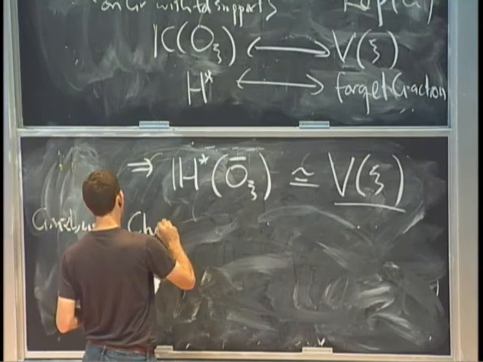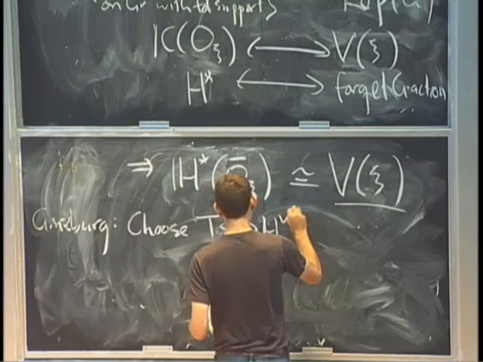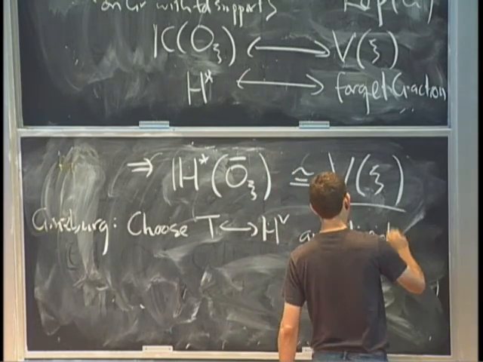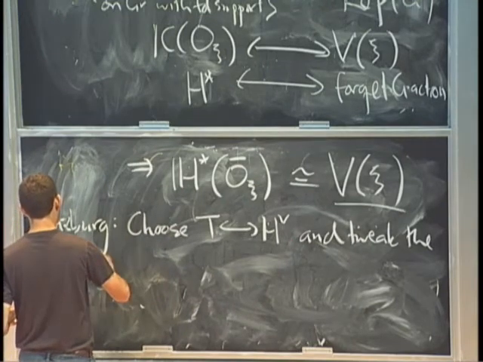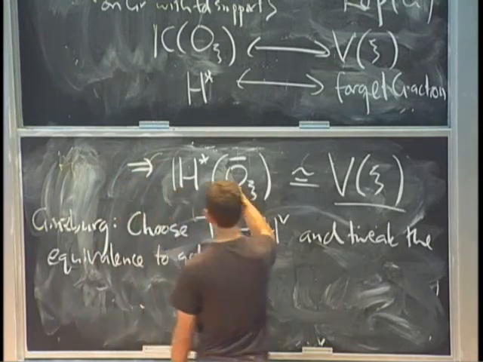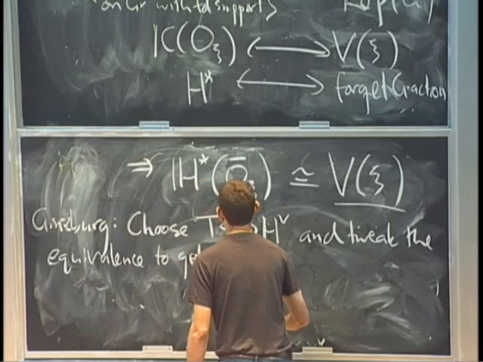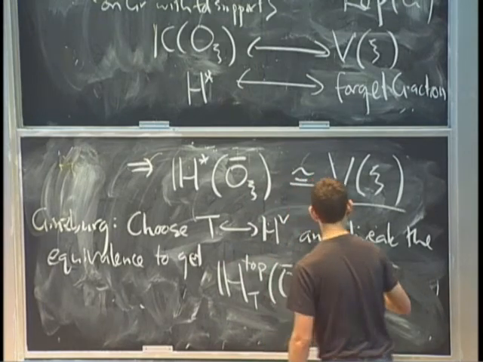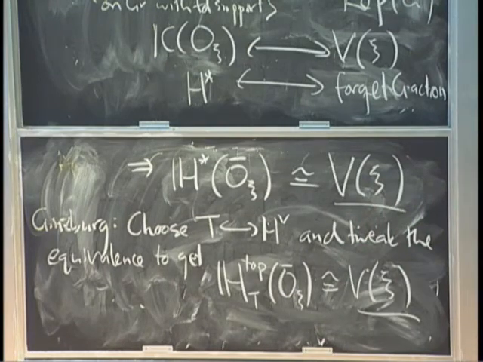We can choose an embedding of T, the copy of C star, into H dual, which acts everywhere, and tweak the equivalence of categories to get, well, I replace this group with the top T equivariant intersection cohomology of O bar C, and that's now isomorphic to V of C. So this is sort of looking better for us.